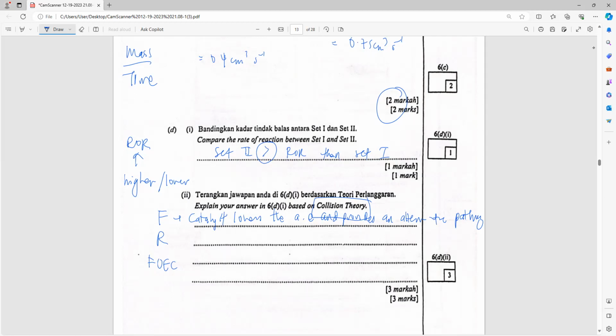Catalyst lowers the activation energy and provides an alternative pathway. I'm trying to get a writing pad so I can improve on the writing. 2024, improve writing on the computer. Anyway, let's take a break. No, I will take a break after this.